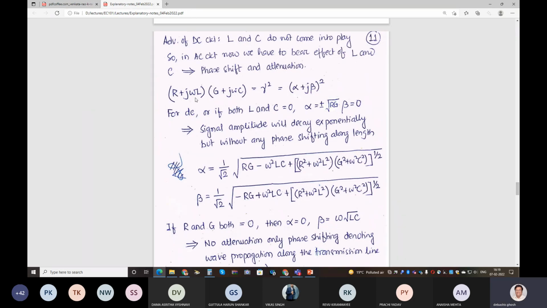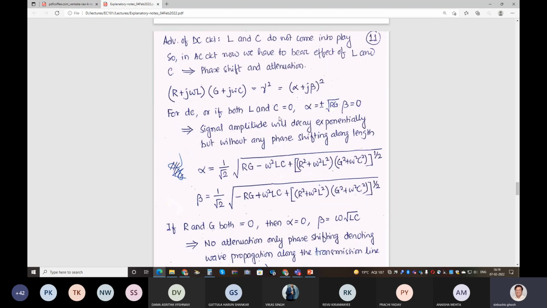If omega is equal to 0 or both L and C equal to 0. In case of DC, obviously in electromagnetic wave transmission we don't have a DC case. It is just for the sake of writing that I have written it here. In case of electromagnetic wave propagation, as a special case I am considering L and C equal to 0, although practically you will not have that.